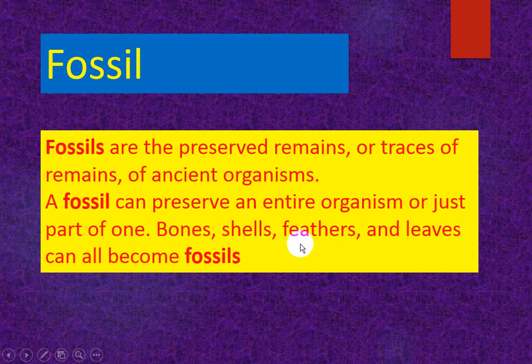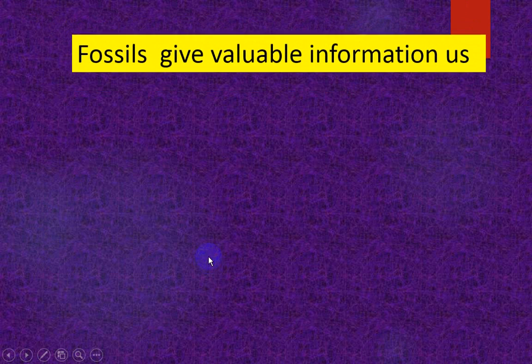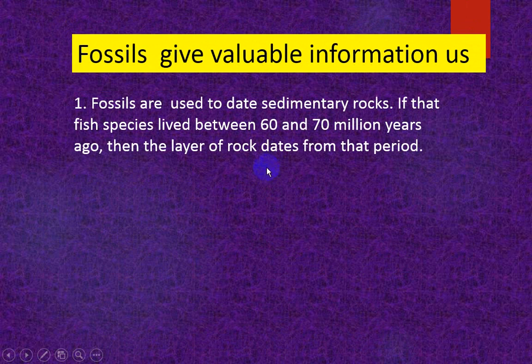Bones, shells, feathers and leaves can all become fossils. Fossils are the preserved remains; after death, your remains can be found. A fossil can preserve a whole living thing, or just part of one. Fossils give us valuable information, like being used to date sedimentary rock.